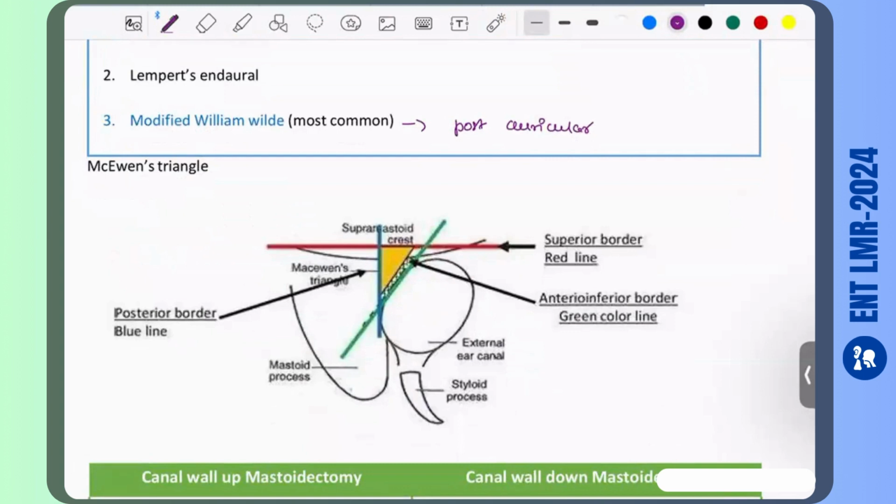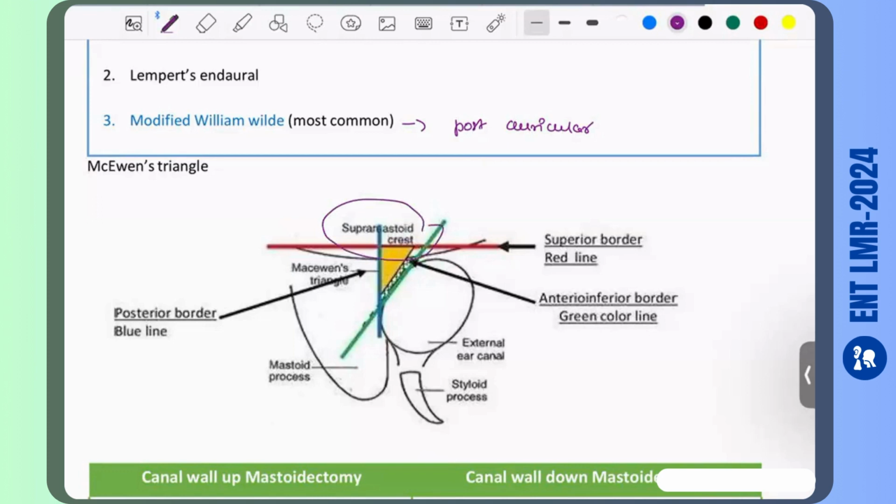So, McEwen's triangle. When I'm doing a cortical mastoidectomy for a patient, I should be able to identify an important air cell called the mastoid antrum. While identifying the mastoid antrum, I should have the landmarks mentioned here. One is the superior line, the supramastoid crest line.